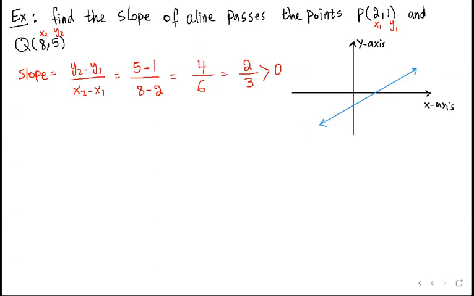Now let's go over the equation of a line. So now we learned the slope of the line. Let's go to the equation. We have to know what the equation of a line is.